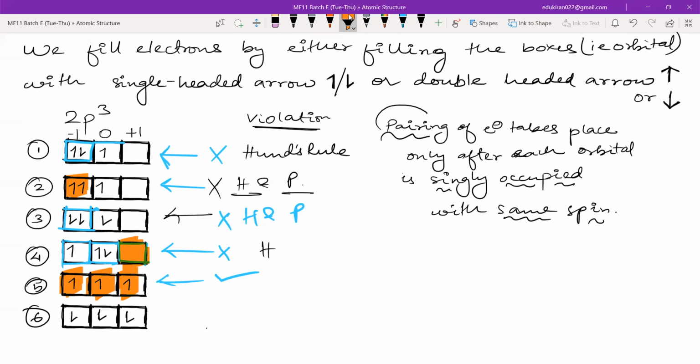No. Are the electrons singly occupied? Yes. Are they occupied with the same spin? Yes, they are, although it is down spin. That doesn't matter, because Hund's rule says that all should be in the same spin. That is why this is also true.